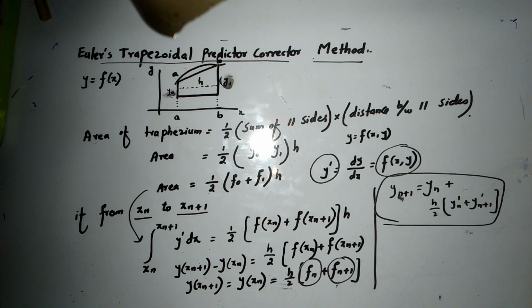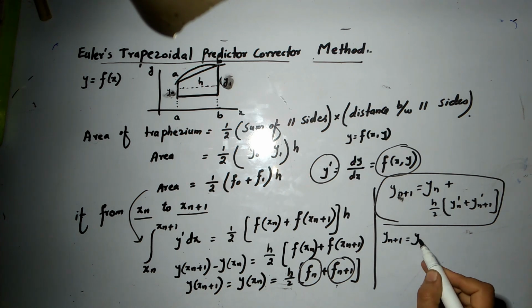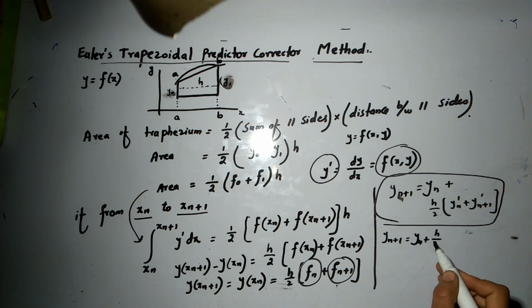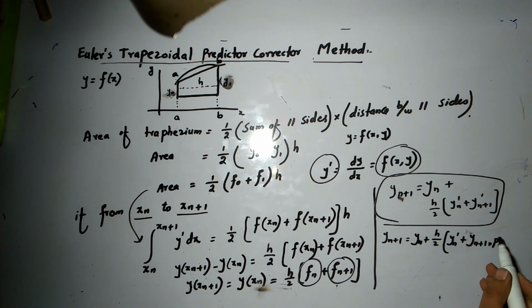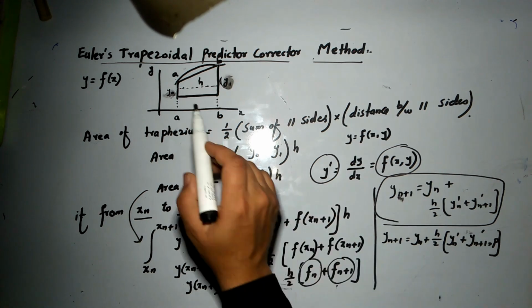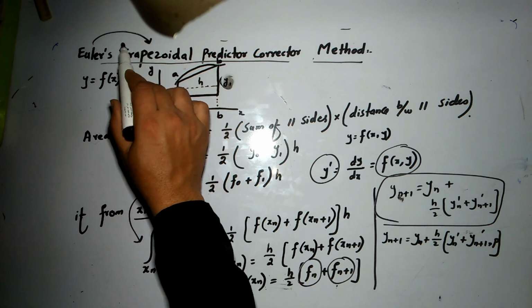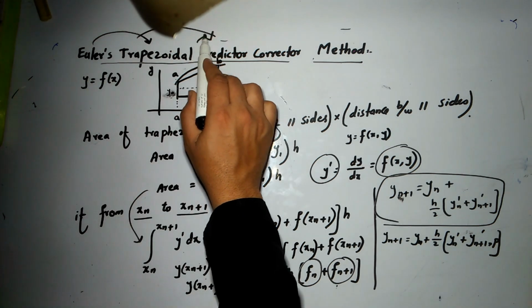If we write it as y of n plus 1 is equal to y of n plus h over 2 times y of n dash plus y of n plus 1 dash p, this formula is called the Euler trapezoidal predictor corrector.